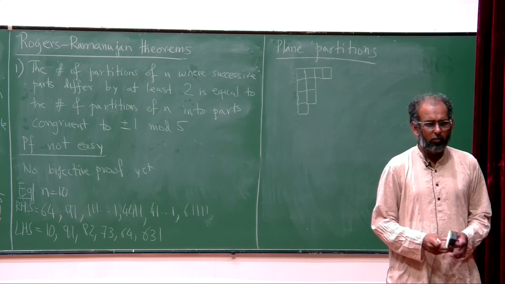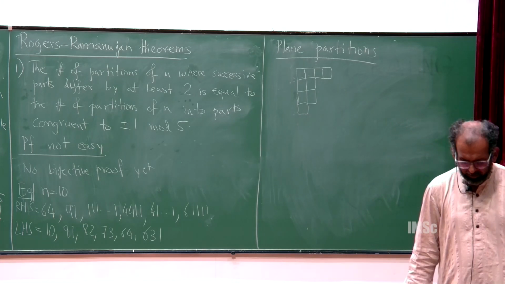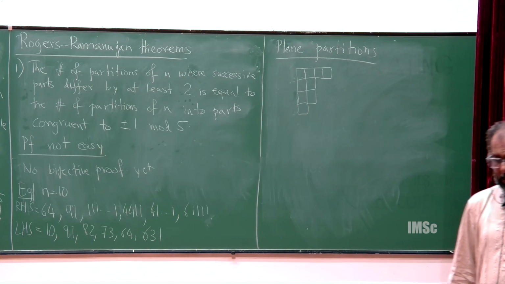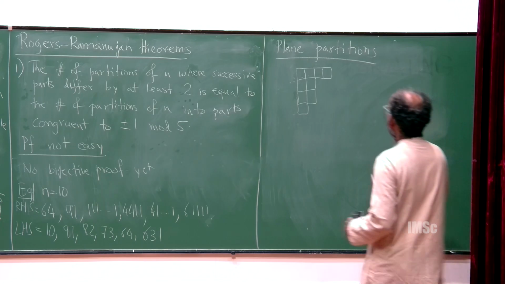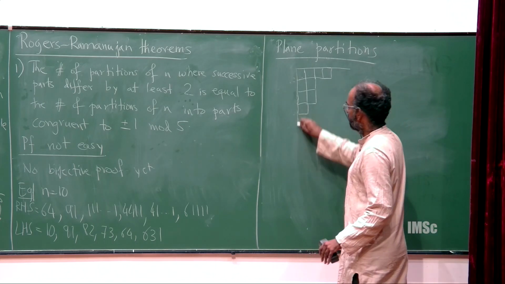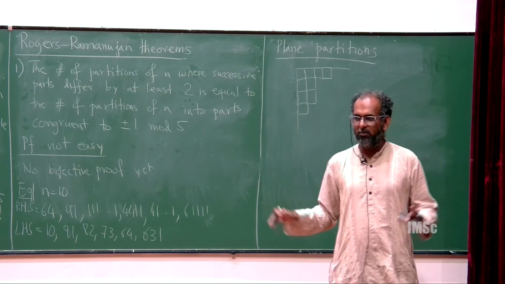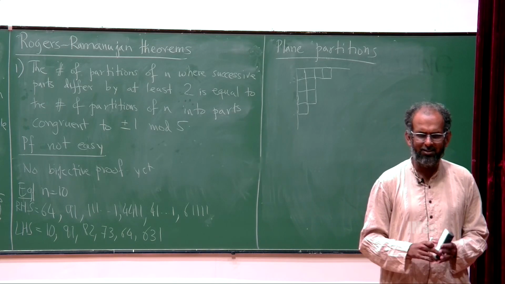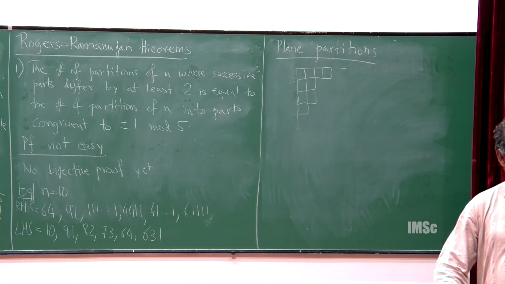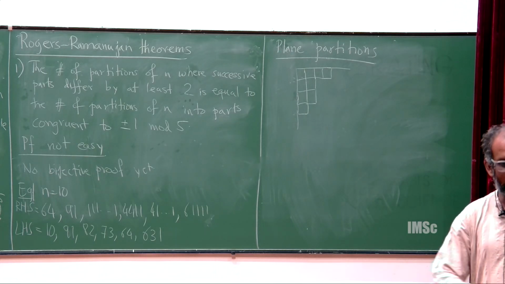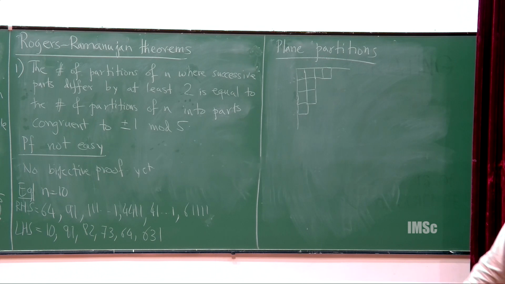So one way of thinking of partitions is arranging boxes in a two-dimensional room. So imagine, you know, Flatland. Have you heard of Flatland? So this is supposed to be some two-dimensional creatures who live on the plane, right?